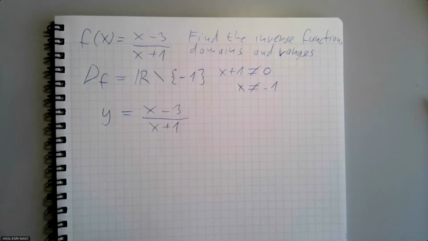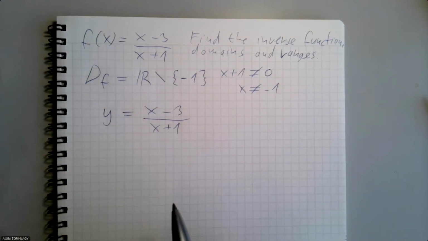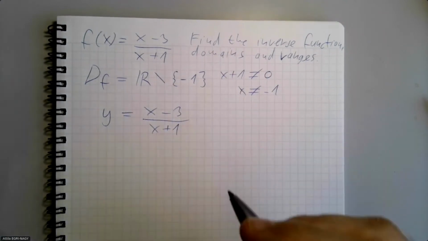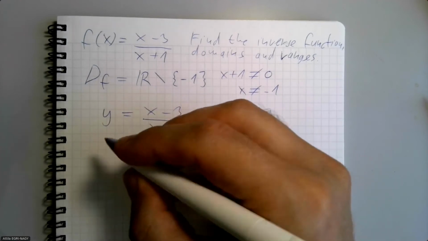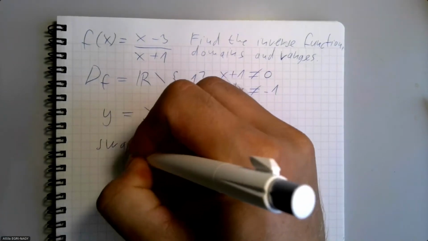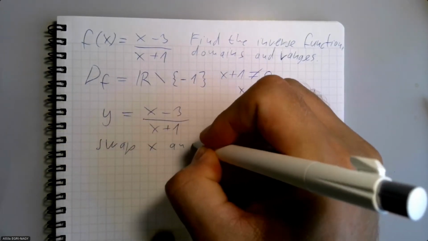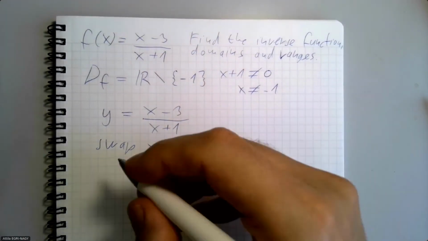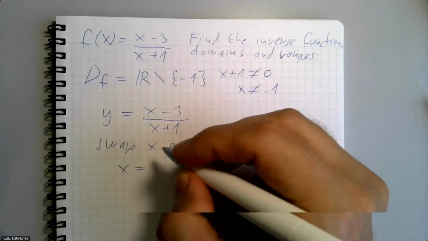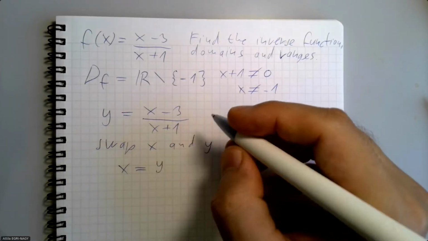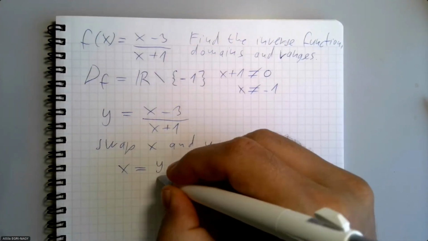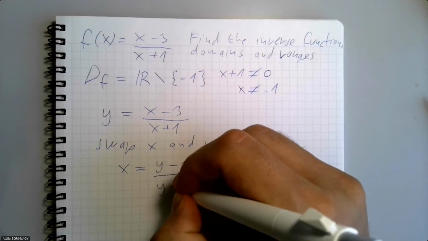There is a simple way to figure this out. The simplest trick is the following: we swap x and y. So I write down x = (y - 3)/(y + 1).